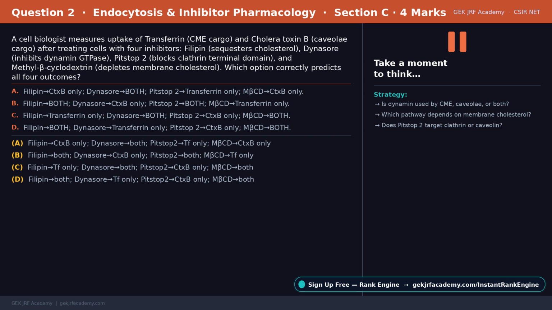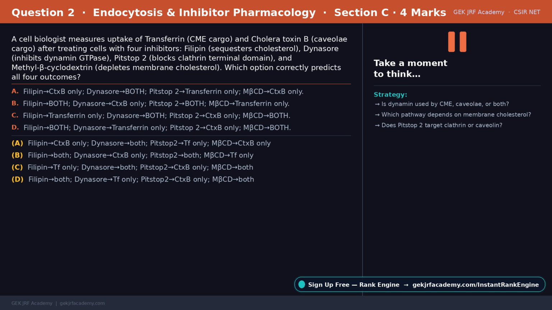Cells are separately treated with 4 inhibitors. Filipin sequesters cholesterol in the membrane. Dynasore inhibits the dynamin GTPase. Pitstop 2 blocks the clathrin terminal domain. Methyl-β-cyclodextrin acutely depletes membrane cholesterol. Which one of the following correctly predicts all 4 experimental outcomes?